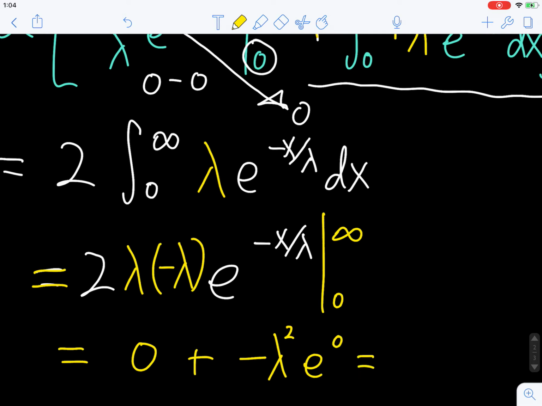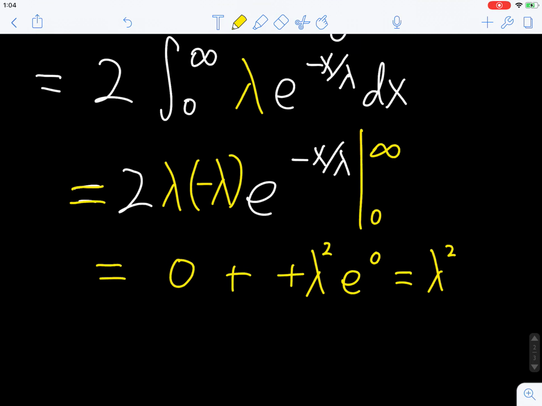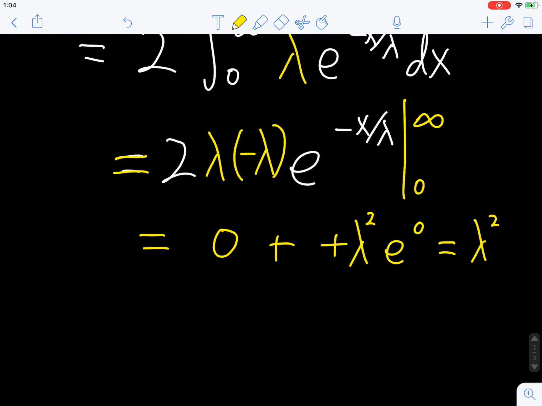The negatives cancel, and so we get lambda squared times 1, which is just lambda squared. Oh, sorry, did I forget the 2? I forgot the 2. Okay, 2 lambda squared. Remember that this was the expectation of x squared.